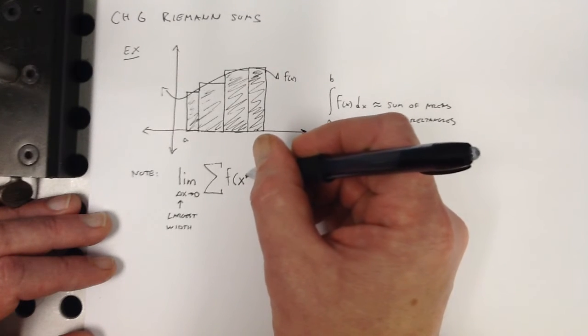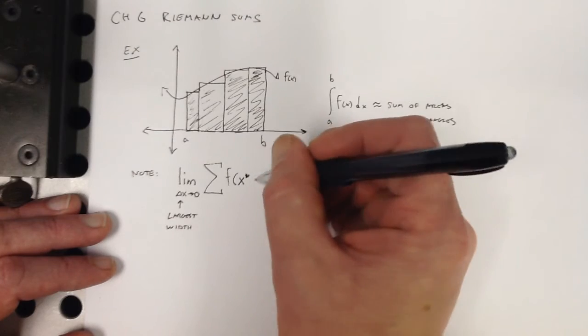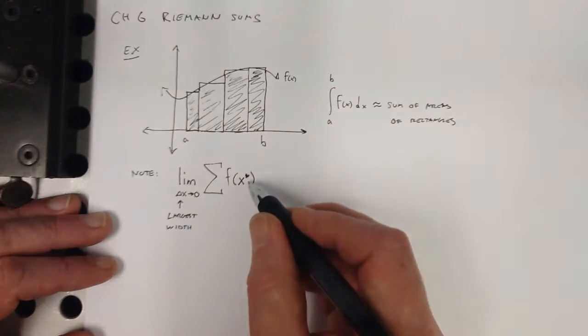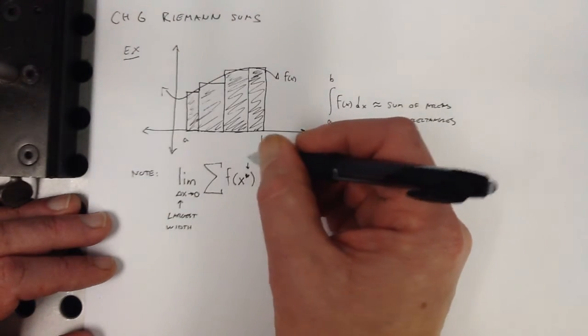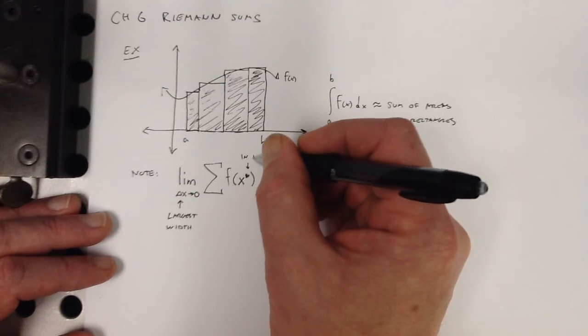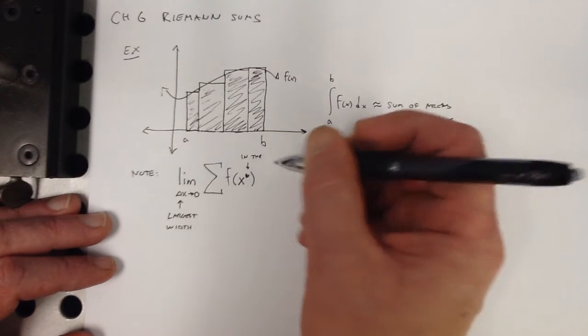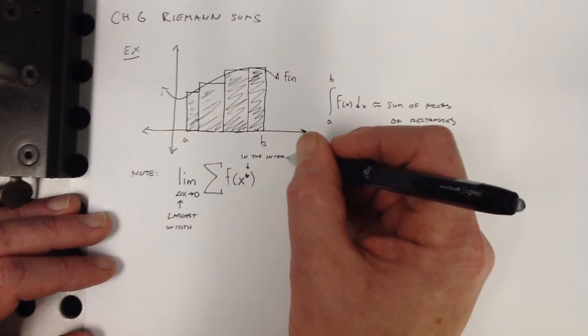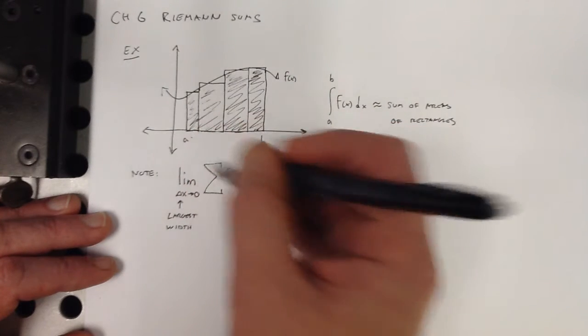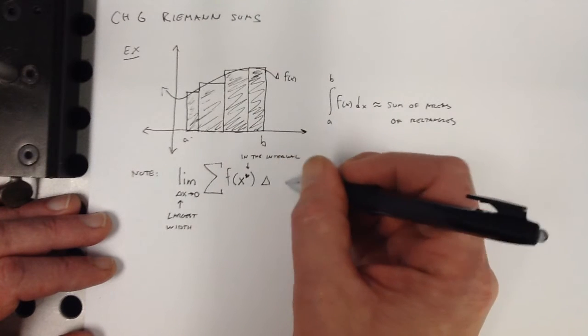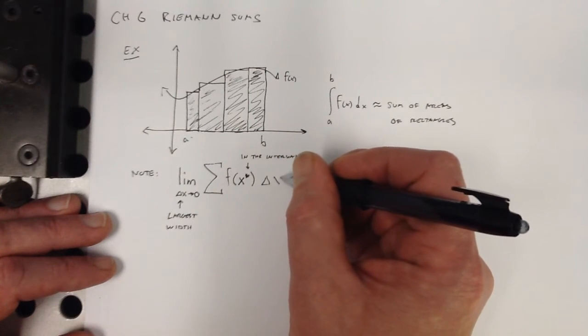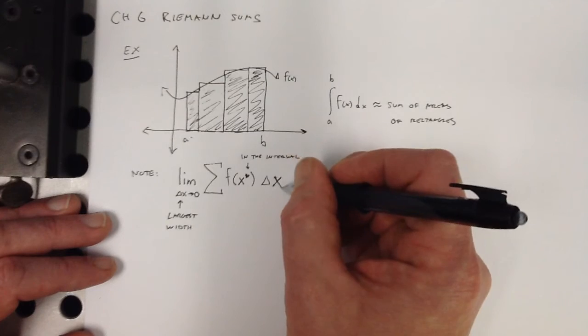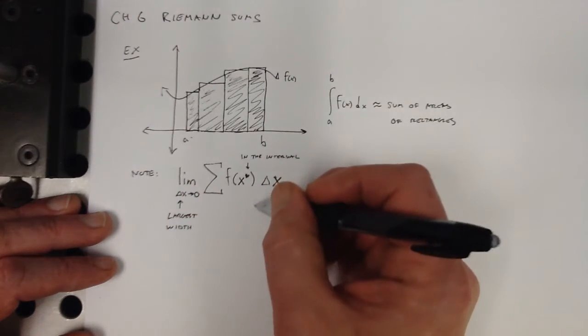I think our book puts a little asterisk next to there, or maybe they put something else, I can't remember what they do there. But it's a special x value that's in whichever interval we're talking about, and then times delta x, which is how wide, right?